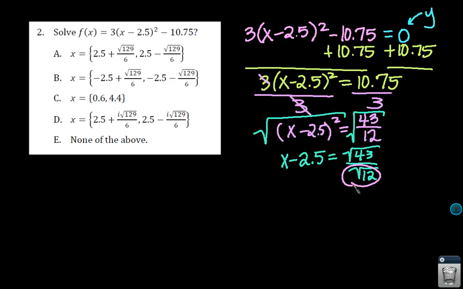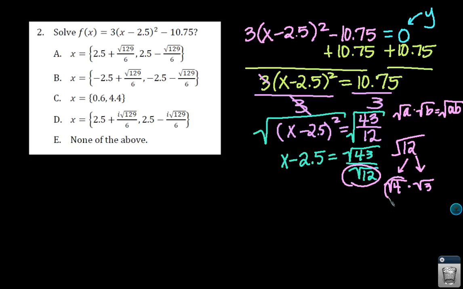This can actually be simplified because the square root of 12 is the same thing as the square root of 4 times the square root of 3 because of our product of radicals property that states the square root of a times the square root of b is equivalent to the square root of the product a times b.